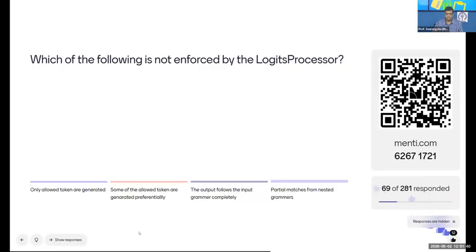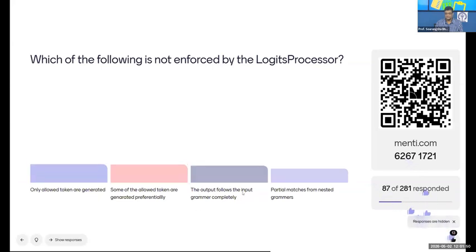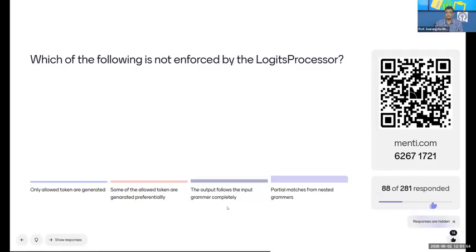Okay, just to be clear, I think the fourth option is clear, whether nested grammars are allowed or not. The third option is whether the output is actually checking for a particular grammar completely, right?